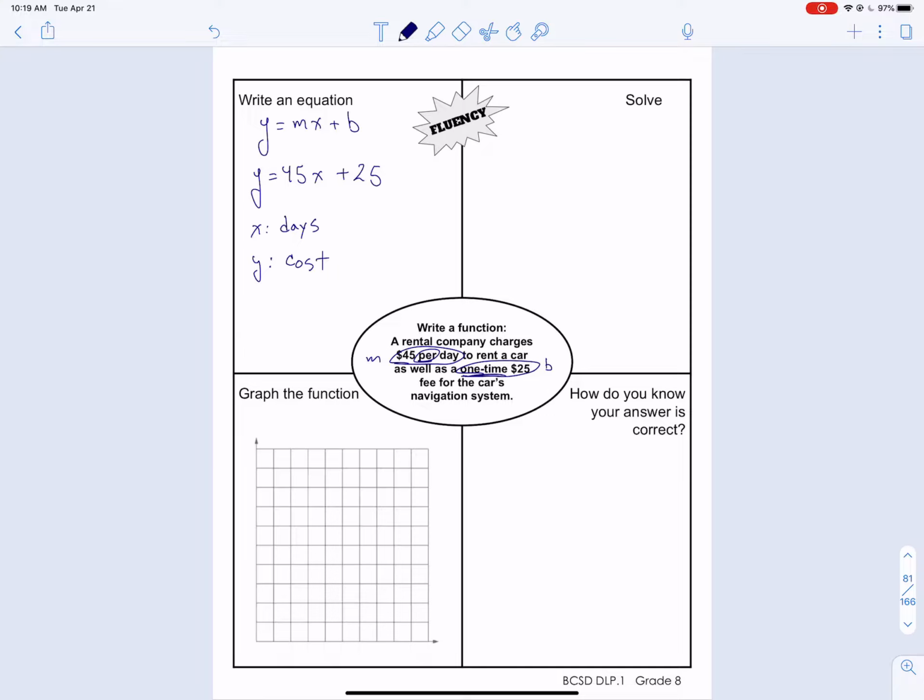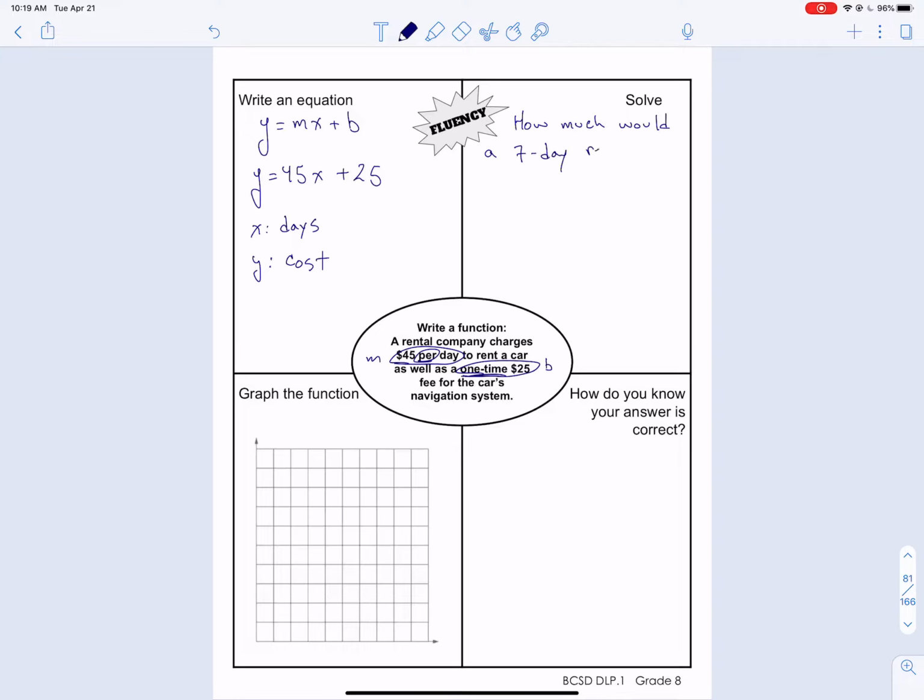The top right says solve. It doesn't give us a question to solve, but a question could be, how much would a 7-day rental cost?